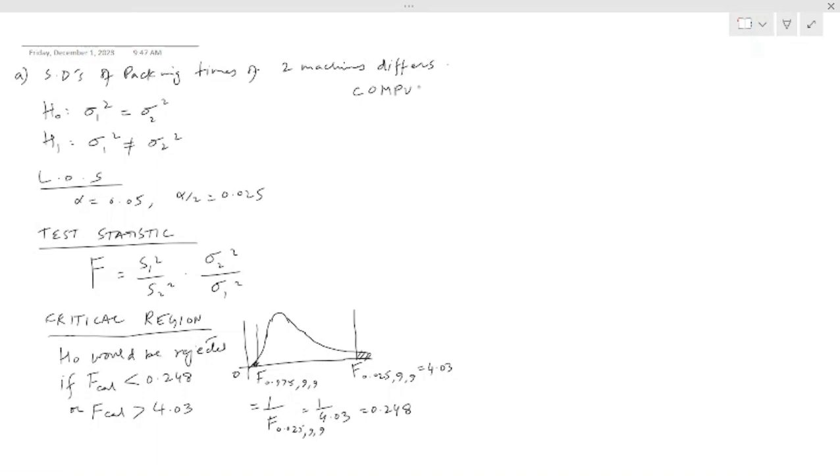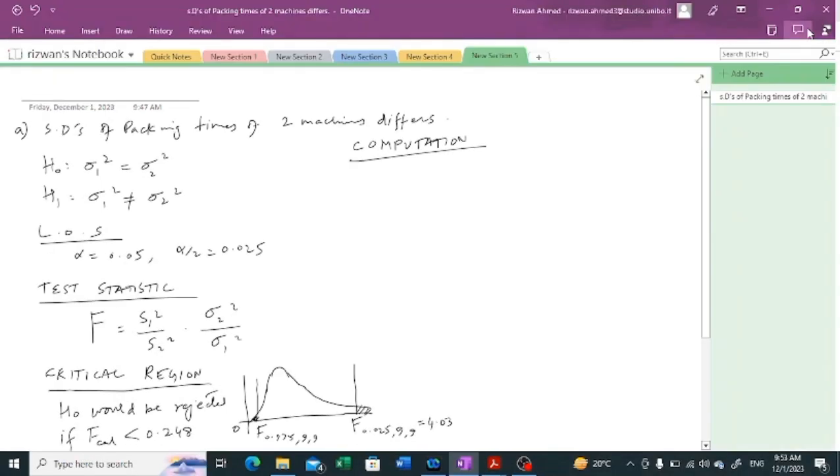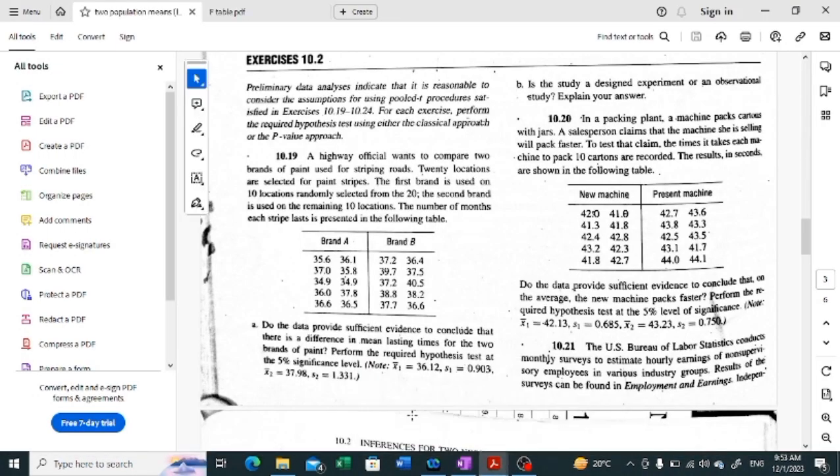Now in the next step we go for computation as usual, where we need to take into account the values of the standard deviations given in the question. So let's refer to the question that says standard deviation of 0.685 and 0.750.